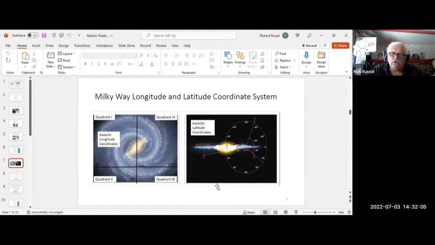So the goal is to look at zero latitude. If you're looking above that, you're aimed above the disk, and you may not get good data. So you want to look at zero latitude, and the nomenclature is B. B equals 0 is the zero latitude in galactic coordinates.